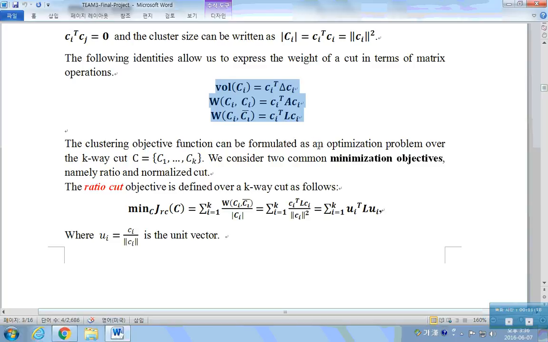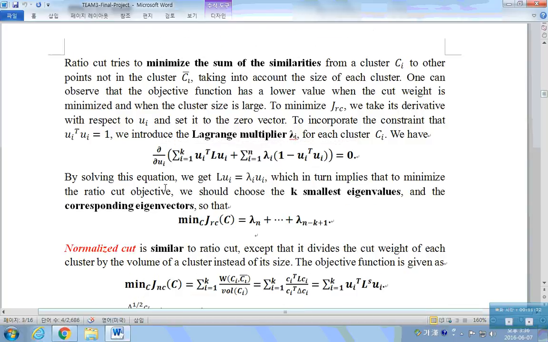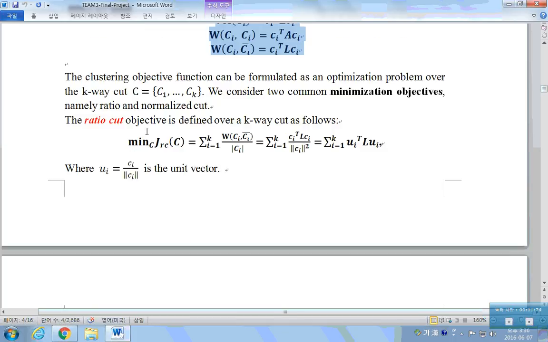And so here are two kinds of cut. One is ratio cut and the other is normalized cut. Ratio cut is defined this way, and our aim is to minimize this value. If we minimize this value, then we can get a better clustering.